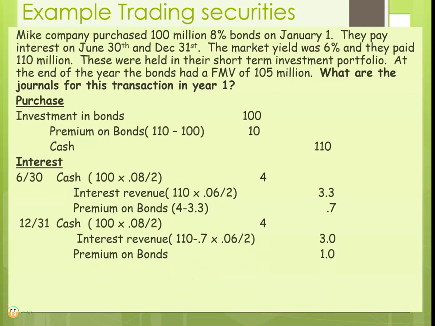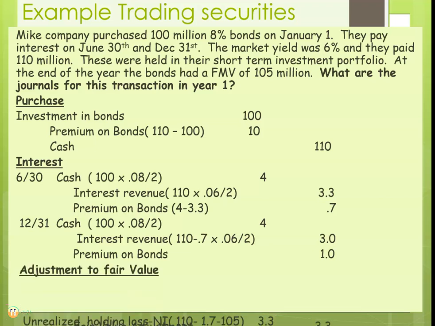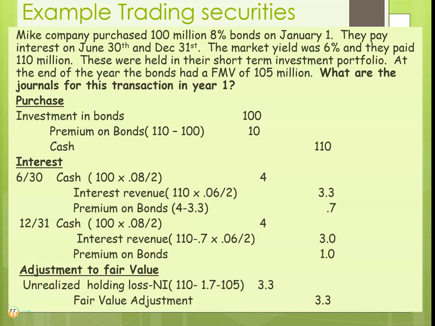So same problem. We're going to show the purchase and again our 2 interest payments. We're going to adjust to fair market value. So far it's the same, except that the unrealized holding loss is going to go to net income instead of other comprehensive income. So this is going to appear on the income statement.